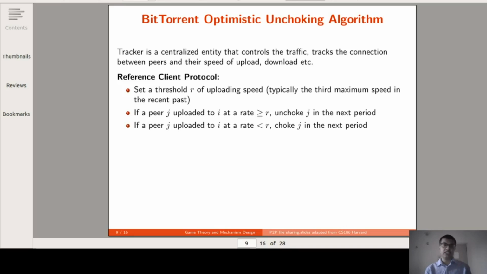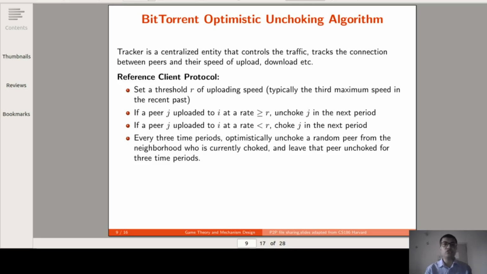But if the upload rate is below that threshold, then it will choke that peer, so it will not allow it to download the content it is looking for from other users. In some sense, it is doing a tit for tat protocol. The moment you upload at a higher rate, you are allowed to download at a higher rate. But if you are not allowing people to download, so you are not uploading, then you will be choked.